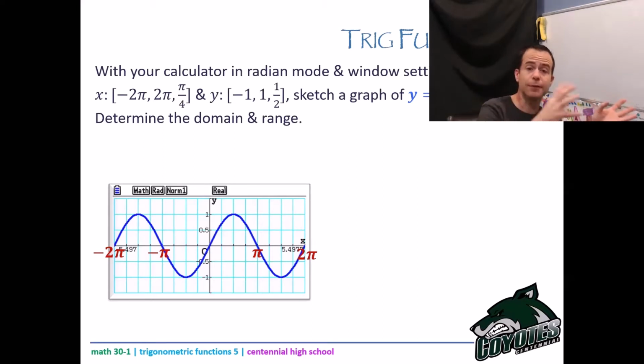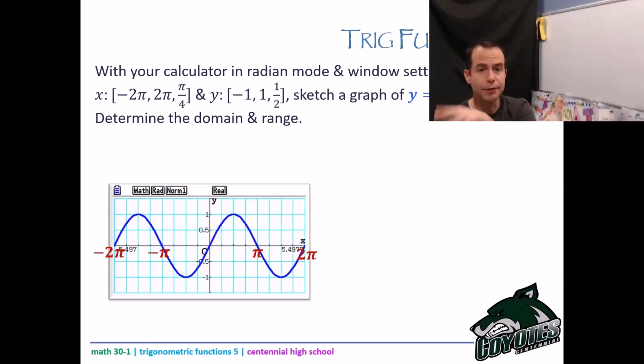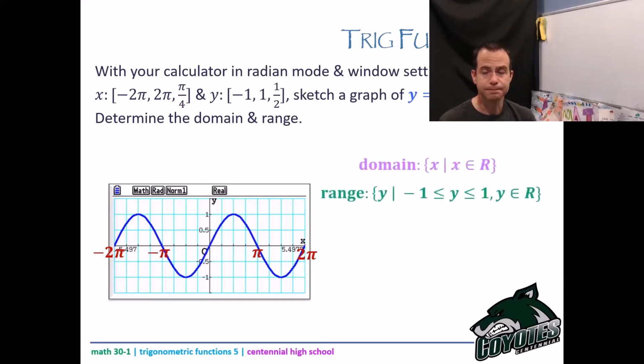I never gave you the negative part of it. I only gave you from 0 to 360 or 0 to 2 pi, but it should still look familiar to you. You can see that this pattern is going to continue forever and ever. So the domain of this guy will be real, and the range will be from -1 to 1.